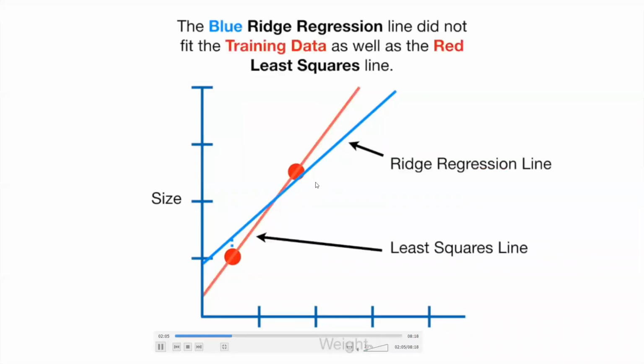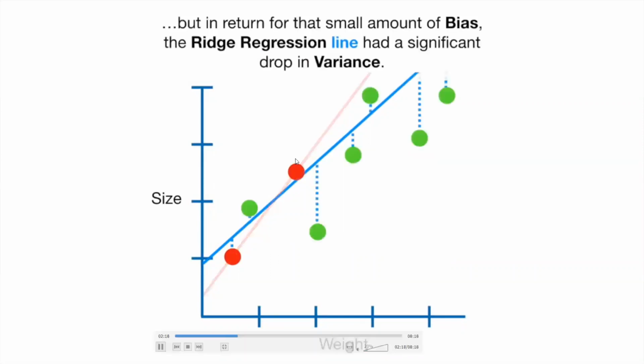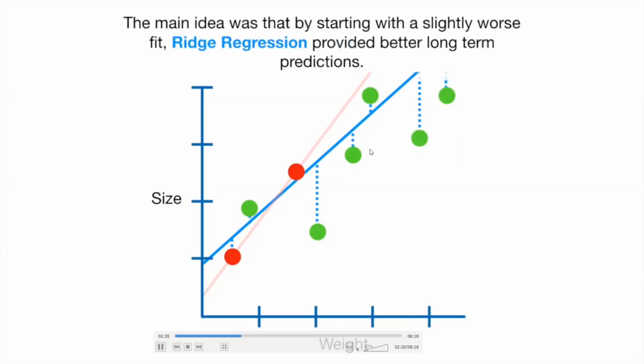That blue line won't fit your training data as well as your red line. Even though you compromise a little on your training set, and your training set error will be larger, what you gain is a lower error with respect to your validation set.